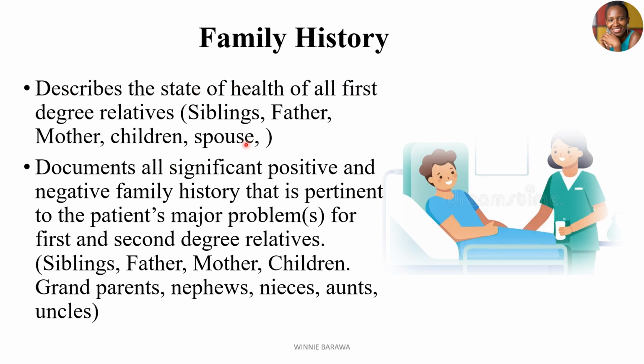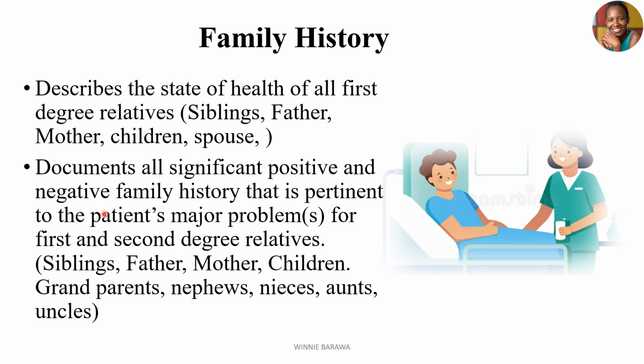Is there any illness among the siblings that you need to tell us? Or is there an illness for the parents, like mother and father? If there are children and spouses, also bring up their health status, because in this you can relate. If there's any transmissible illness among the children, maybe it was also contaminated and it spread to the patient whom you're managing at that particular time.